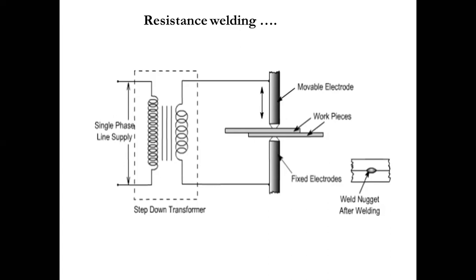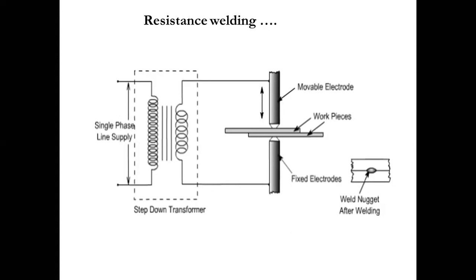So higher conductivity material will conduct more current, right? Lesser resistivity material will allow more current to pass. As you all know, resistivity is always inversely proportional to conductivity. So based on the material properties, if it is of a higher conductivity material, you have to use a low conductive electrode material.